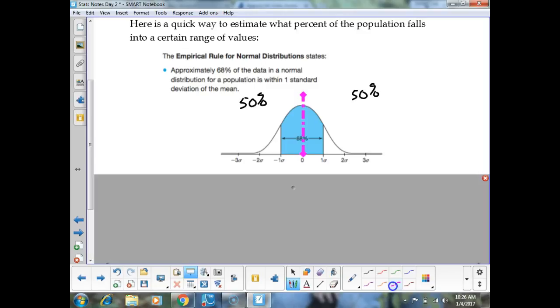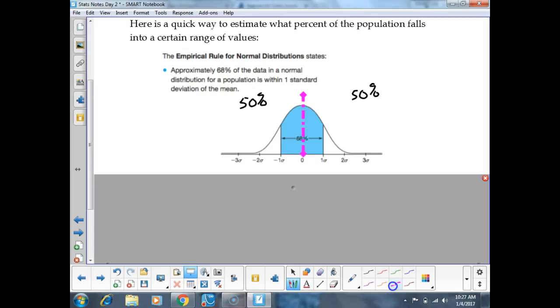Okay? So 50% are on either side. Which then, if we go out one standard deviation, that puts 68% of the data in between there.